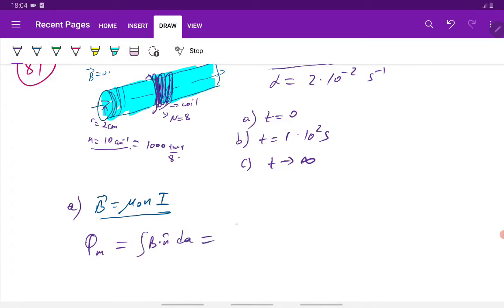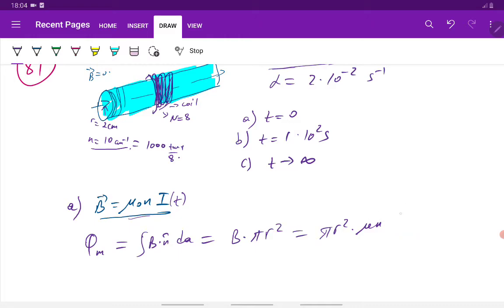Since B is constant, we have just B times the cross-sectional area of this coil, which is π r squared. Since this is time dependent, as I wrote already here, π r squared μ n dI over dt.